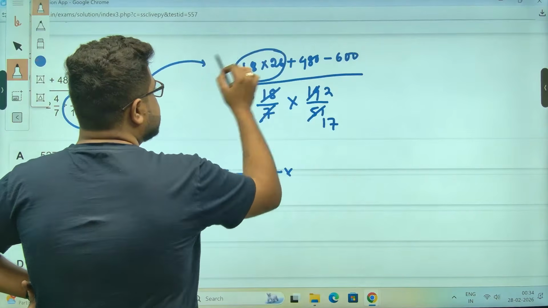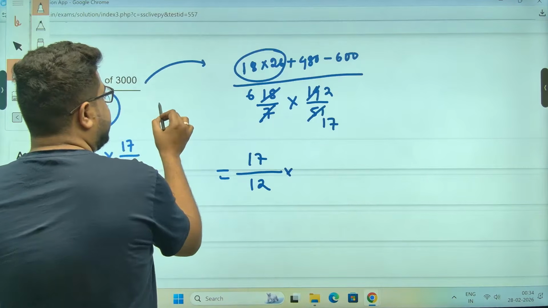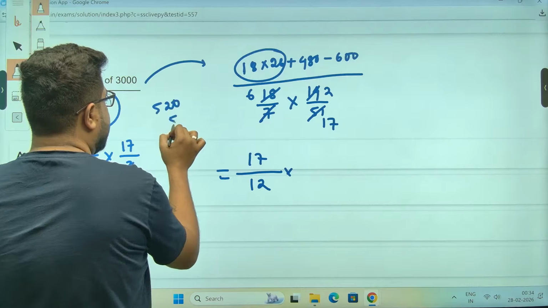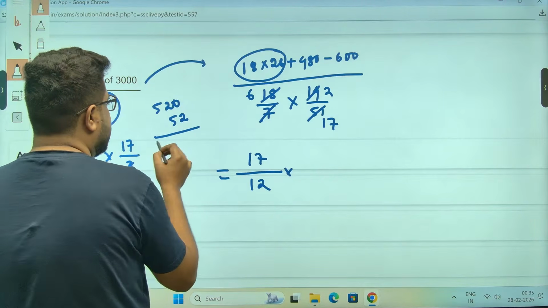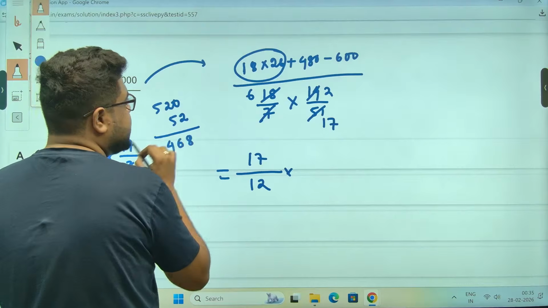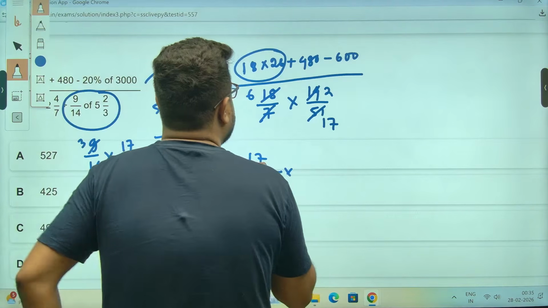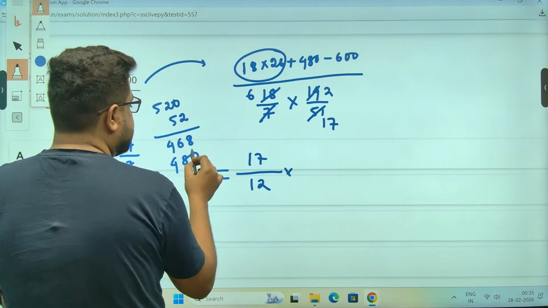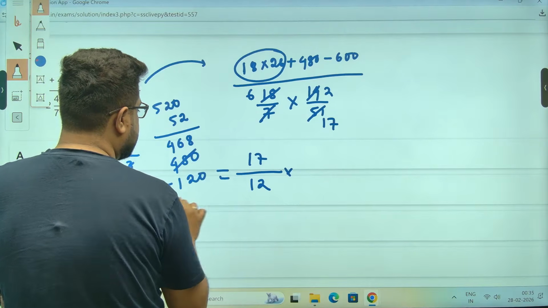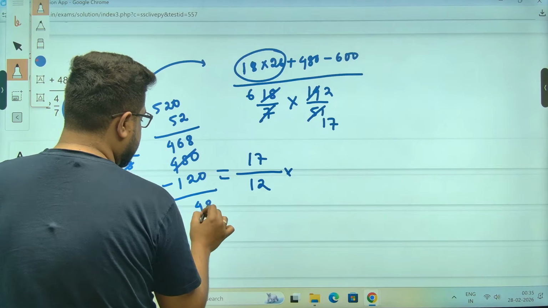So this is how much? 26 2s are 520, minus 52, so 468. 468 plus 480, and minus 120 you do, so this is 348.